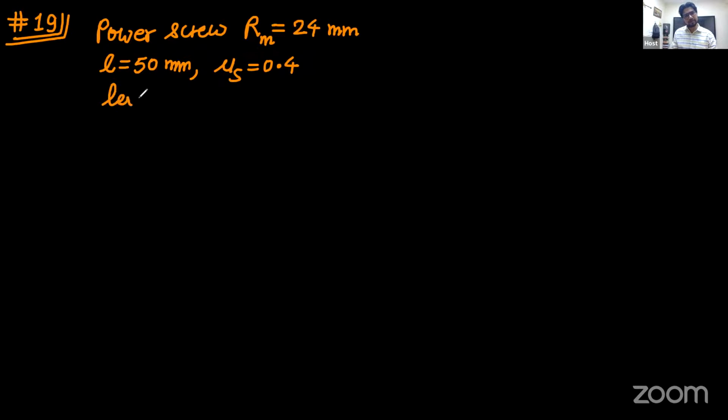The lever arm length is given as 100 mm.